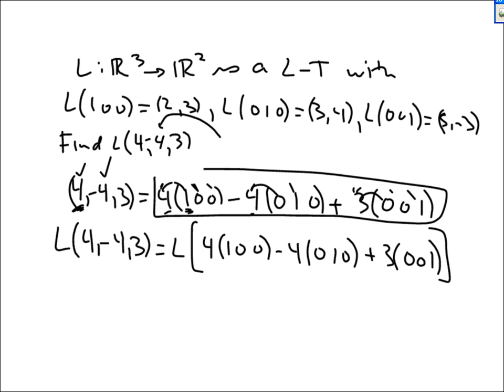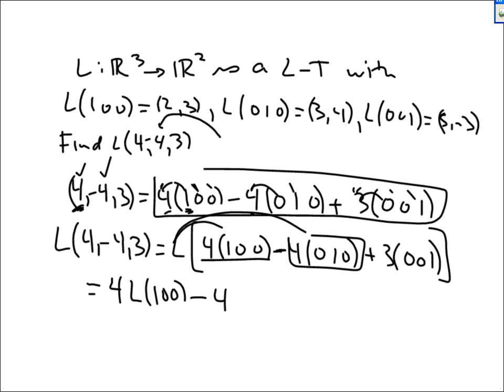But this is our updated theorem, because now we can do the same thing even if you have a minus. This is L of this, the 4 comes in front. If you want, I'll write it down the long way. Minus L of this, but the 4 comes in front.